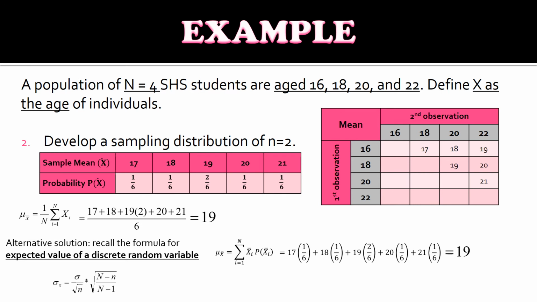To substitute, the population standard deviation is 2.236, divided by the square root of 2, multiplied by the square root of 4 minus 2 divided by 4 minus 1. So it will give us a sample standard deviation of 1.29.